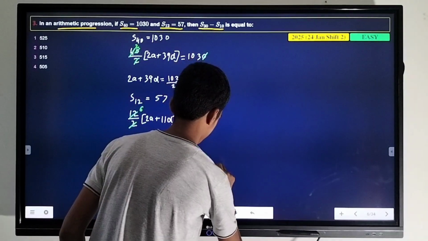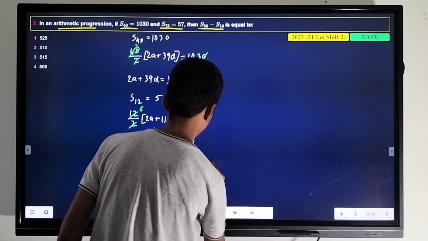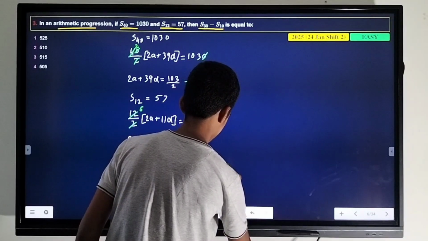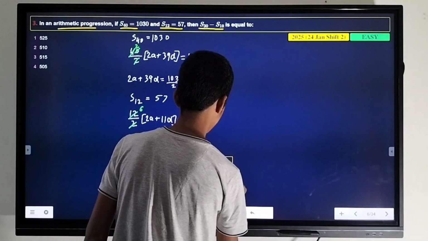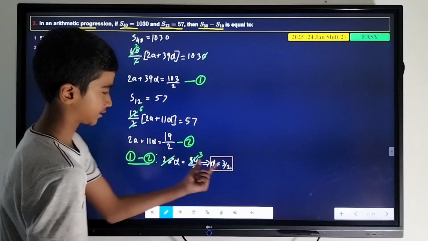From here we will get d is equal to 3 by 2. Our d is equal to 3 by 2.